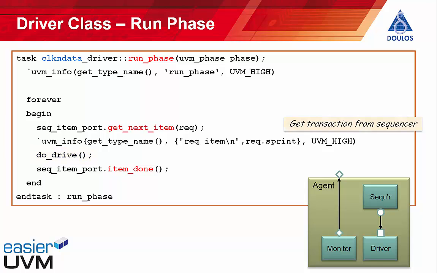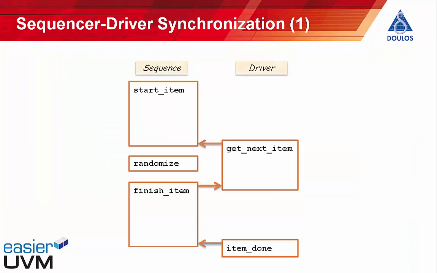And then finally, the driver calls the itemDone method of the sequence item port to tell the sequence that it's done. So there's actually a handshake going on behind the scenes between the sequence running on the sequencer that's generating transactions and the run phase method of the driver that's pulling down transactions. And the next couple of slides just highlight how that handshake works.